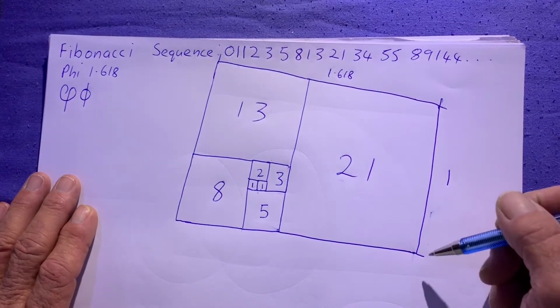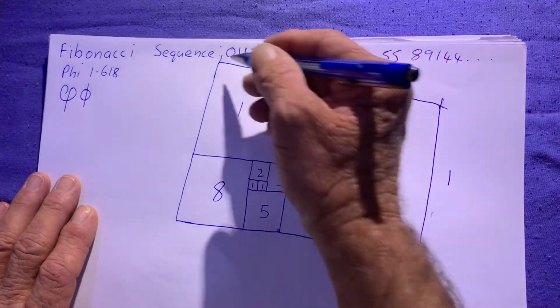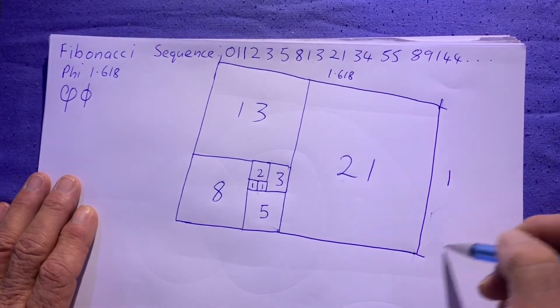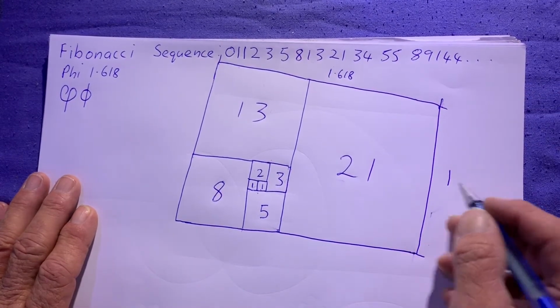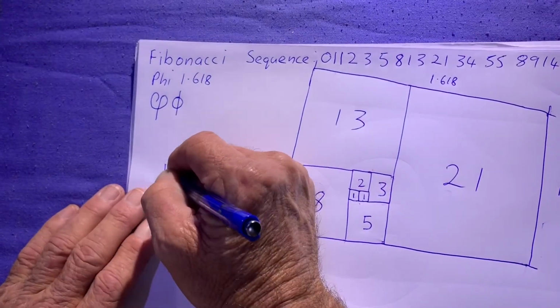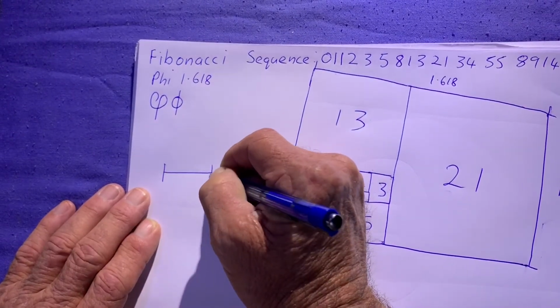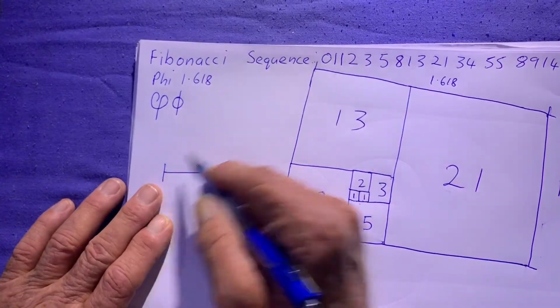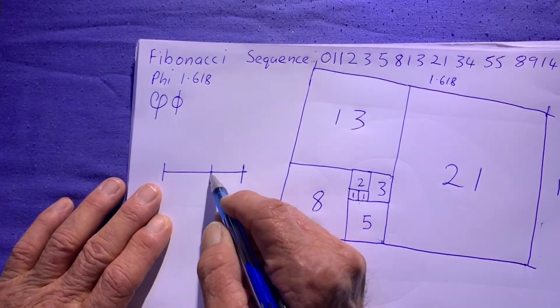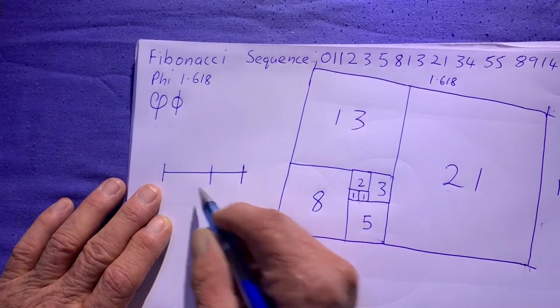If you got this line and you brought that line up to here, then you would have something like this. So that would be there, that would be to there, that would be to there.